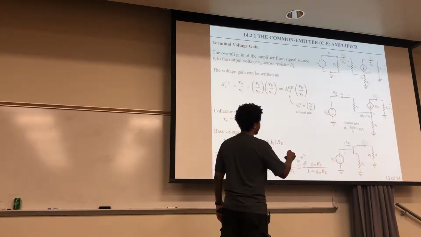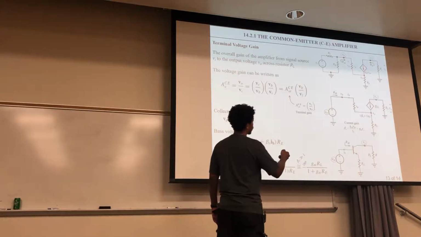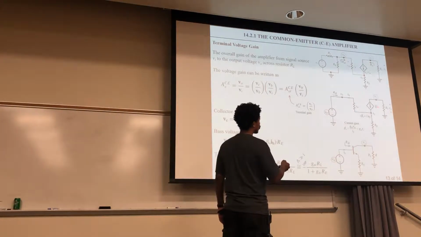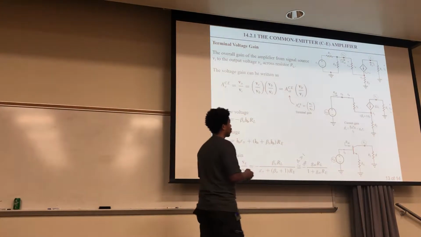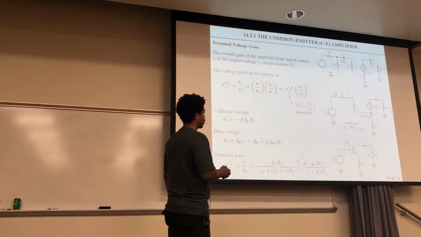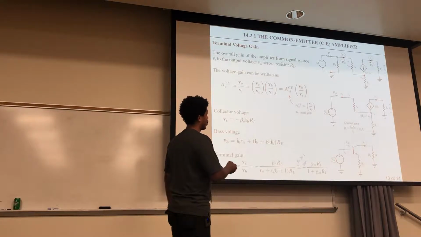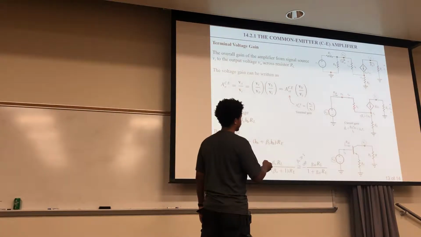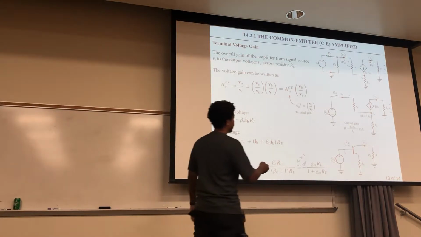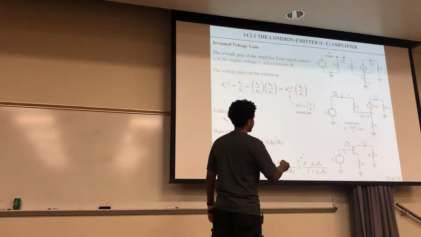You could rewrite that instead of a voltage-controlled current source as a current-controlled current source by using your current gain. And your current gain, beta 0, is just your GM VB over IB. And this VB over IB is really your R pi, right? You can see that right here. Here's VB, here's IB, and that's the ratio of that, R pi. Okay, so that's what this is right there.